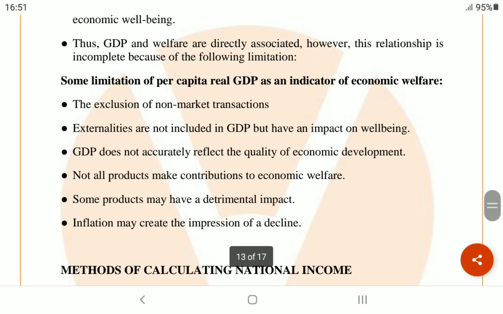Next, there are some limitations. This also they may ask for 2 to 3 marks. What are the limitations of per capita real GDP as an indicator of economic welfare? The exclusion of non-market transactions; externalities are not included in GDP, but they impact well-being. GDP does not accurately reflect the quality of economic development.